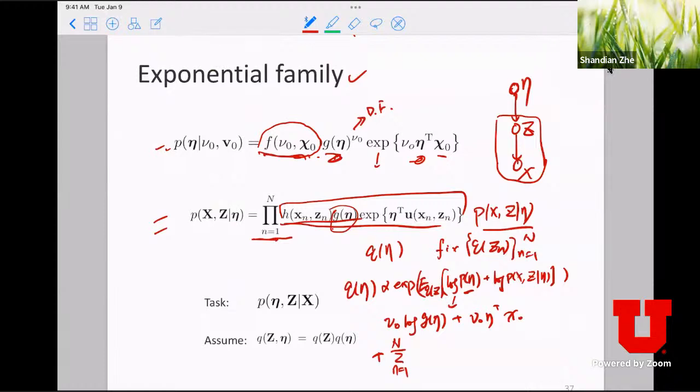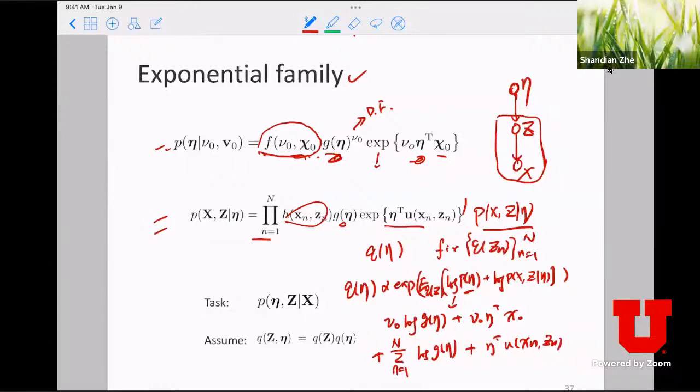And then again, if you look at this likelihood, you can just throw out any terms that have nothing to do with eta, right? So this guy has nothing to do with eta. You can just throw them out. Just take a logarithm of all the terms that contain eta, right? So we get logarithm of g eta plus eta transpose u xn Zn. Okay.